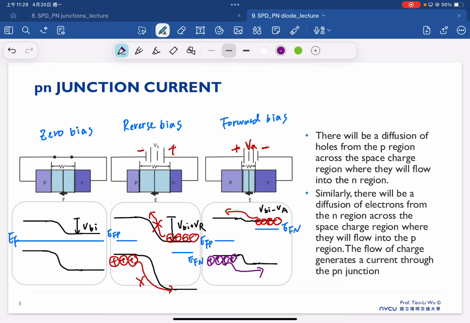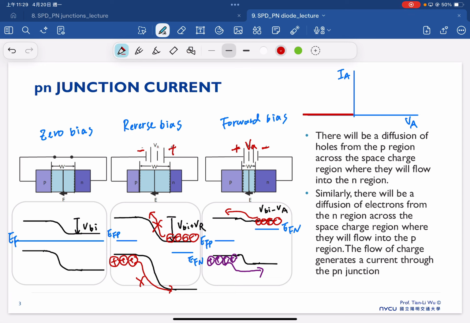Based on this band diagram, we can expect our IV curve, IA versus VA here. Previously, we mentioned that under reverse bias, there's no current.